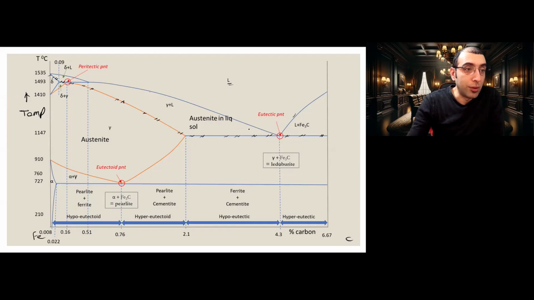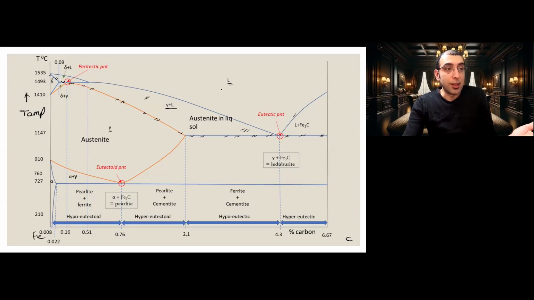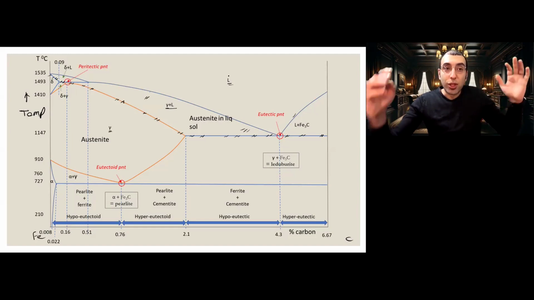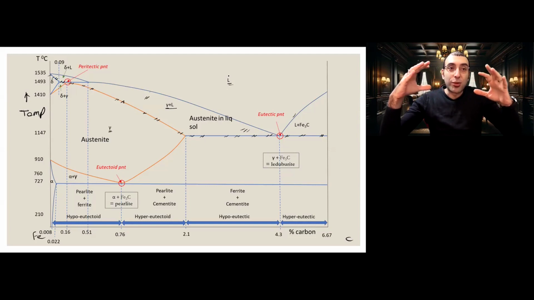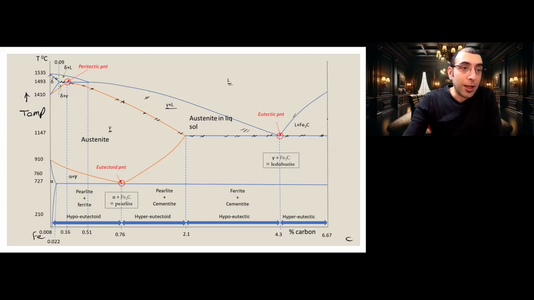So for example, if you look at this region that we are talking about, here we have 1 part liquid and 1 part gamma solid, which is on the left side. This is our gamma and this is our liquid. So left and right borders define what's in between them. And also from here, when you have 6.67% of carbon, you have a phase that is forming on this vertical line, Fe3C, which we call cementite.